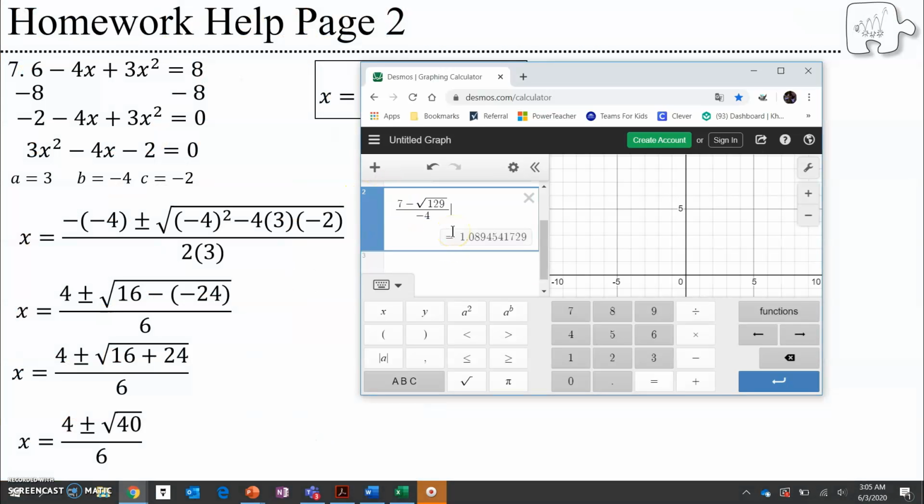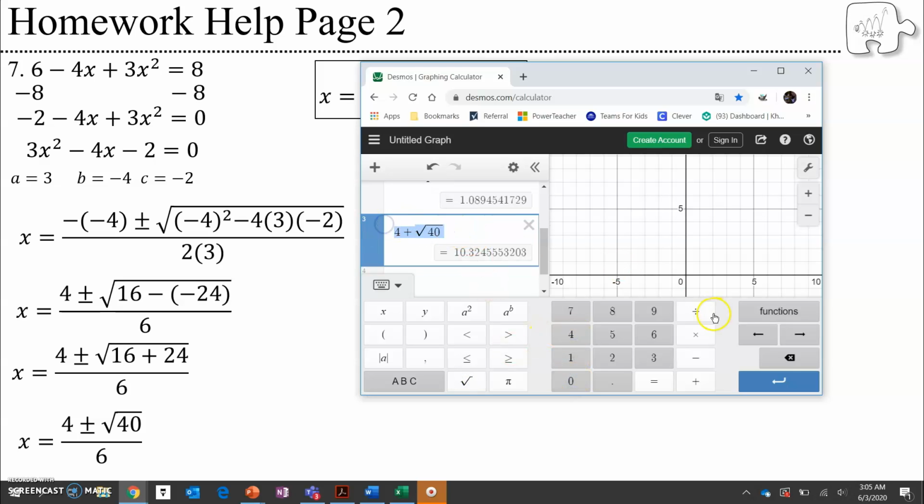And then we're just going to type it as we see it: 4 plus the square root of 40 all over 6 gives us 1.72, or 4 minus the square root of 40 all over 6 gives us -0.39.